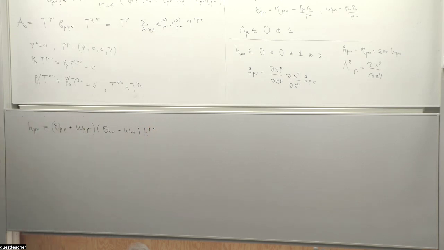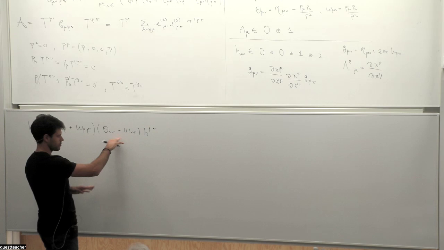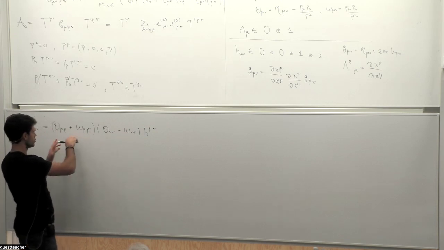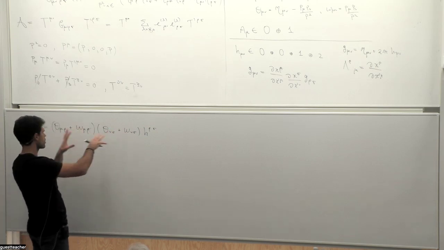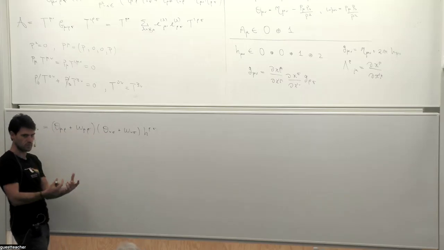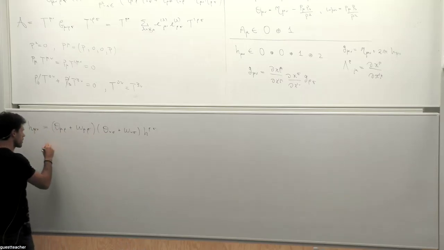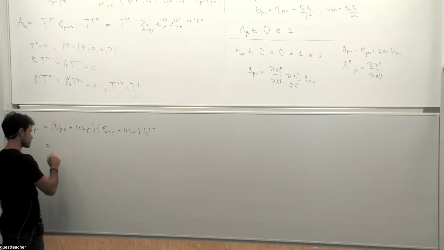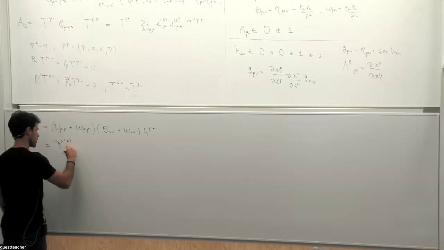Now, since I know already the result, I will tell you what happens here. Basically, you can use symmetry properties and so on to write this combination in a specific way. So you can write the following. I will just write the expression as it is. You can write everything like this.